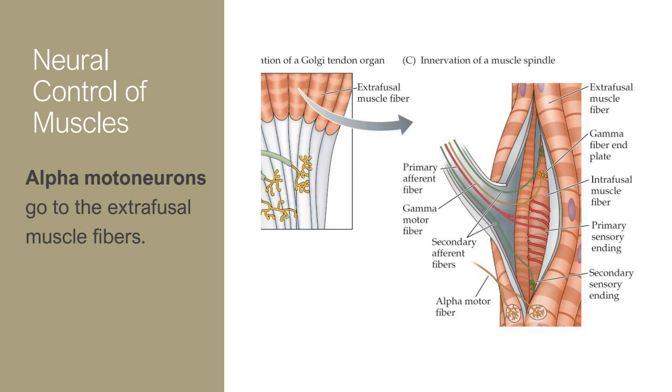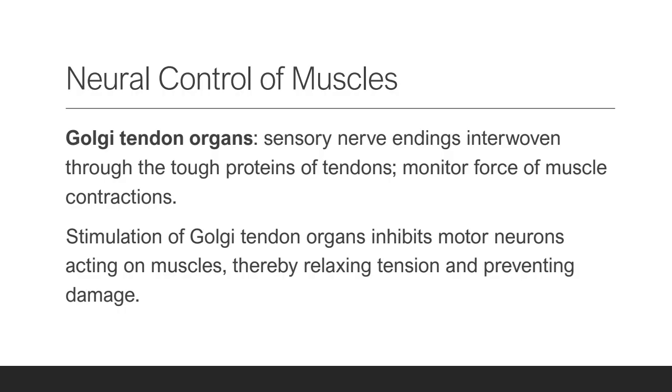I mentioned the Golgi tendon organs, but let's say a couple more things about that before we wrap up. The muscle spindles do a pretty good job of providing the brain and spinal cord with information about muscle length or the degree of stretch.